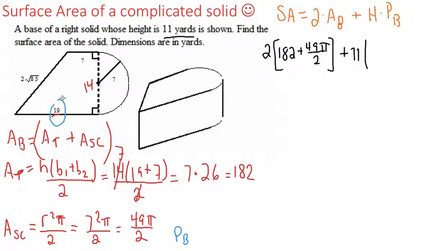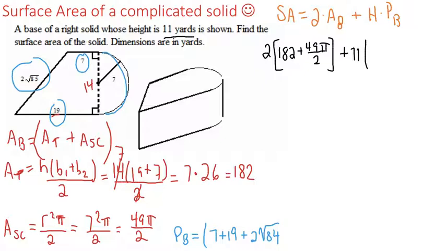So I'm going to add 19 plus 2 times radical 85 plus 7 plus this arc length, which would be 7 pi. So the perimeter of the base would be 7 plus 19 plus 2 times the square root of 85.